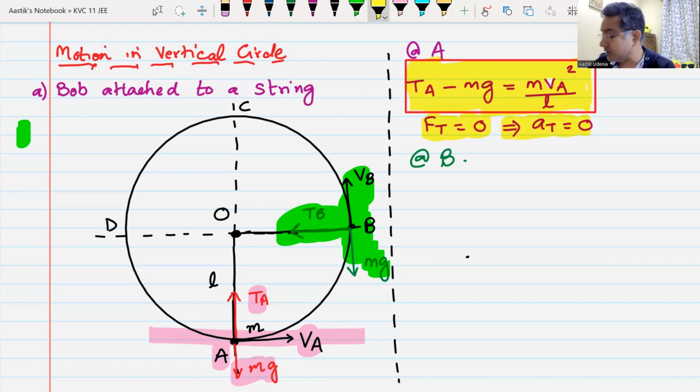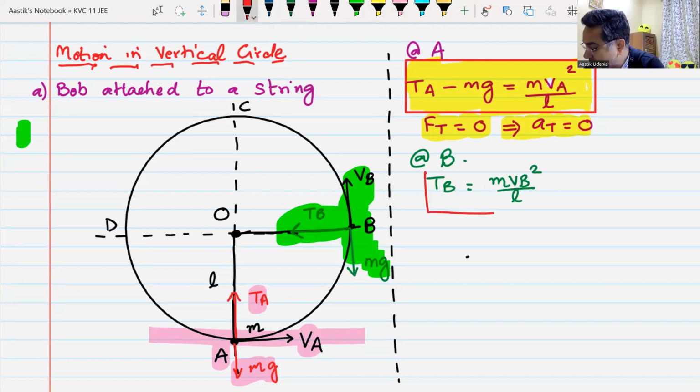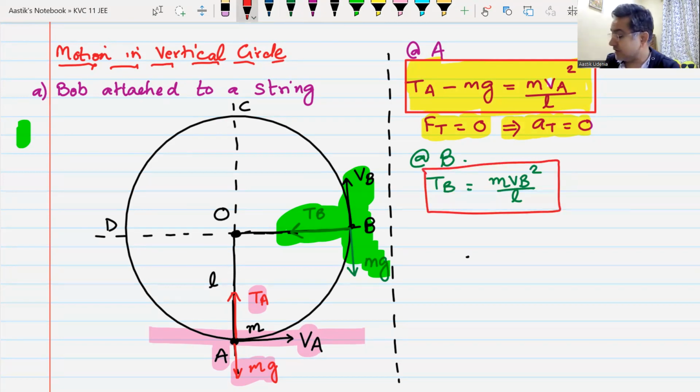No one can make it. Okay. So the only force which is acting towards the center is tension at point B. So tension at point B will be equal to mvb square by L. This becomes the equation in the direction of center, which is going to give us the centripetal force. That is the first equation that is made in the centripetal direction.